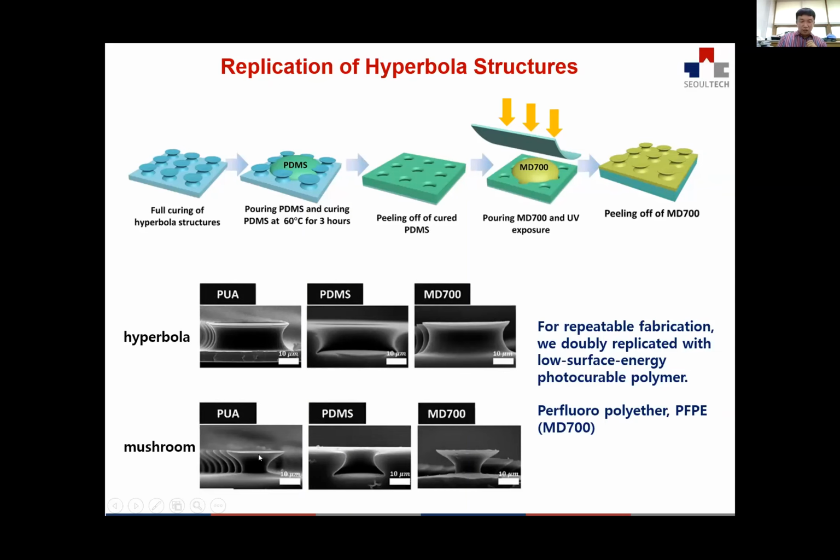And as you can see, the mushroom structures can be replicated by the soft PDMS. For the soft PDMS we used, we lowered the ratio of the cross-linking density for the softness, and then we can get the mushroom structures from the PDMS.